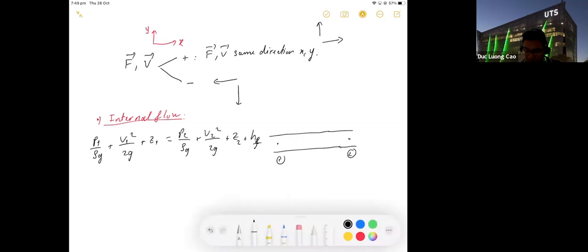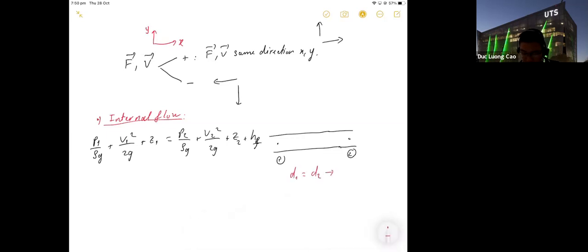Okay. So between 1 and 2, the pipe has the same diameter, D1 equal to D2. So cross-section area A1 equals cross-section area A2. Moreover, we have volume flow rate at 1 equal to volume flow rate at 2.